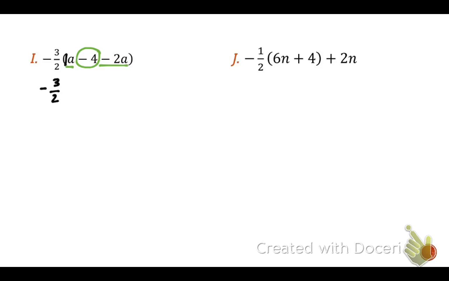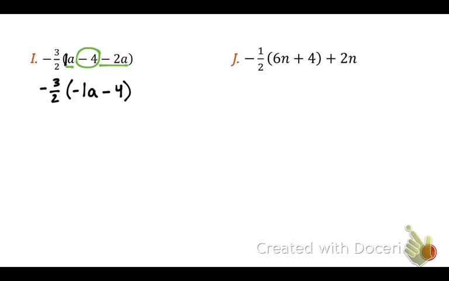A, we know this is a 1a. So I'm going to combine this one and this one. What is 1a minus 2a? Negative 1a. So this is still going into our parentheses, negative 1a minus what? Negative 4. Minus a 4.